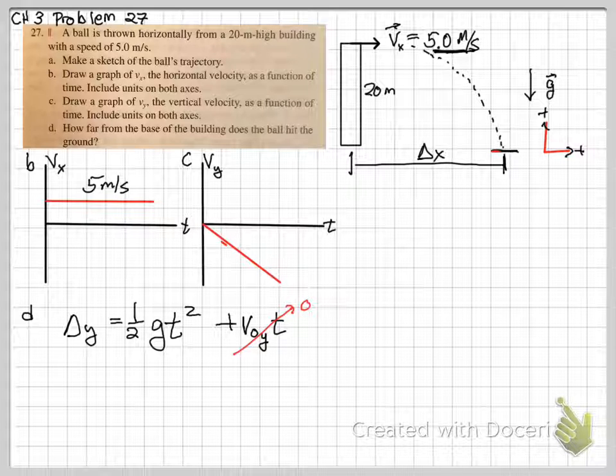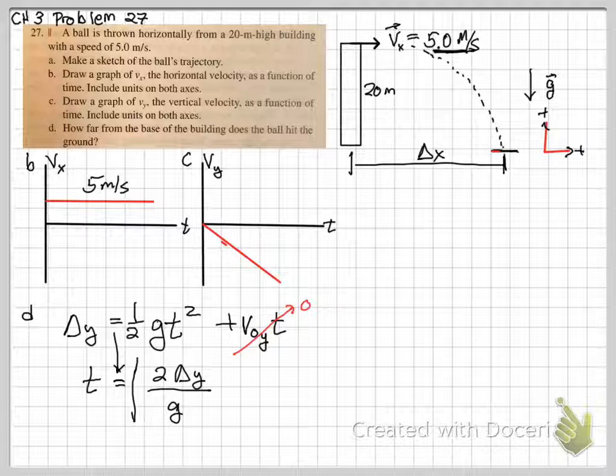So we know how high up the building is, 20 meters. We know that gravity is negative 9.81, and we're looking for time. So we rearrange the equation using our algebra. I'll skip all the detailed steps, but it comes out to t equals the square root of 2 times delta y divided by g.